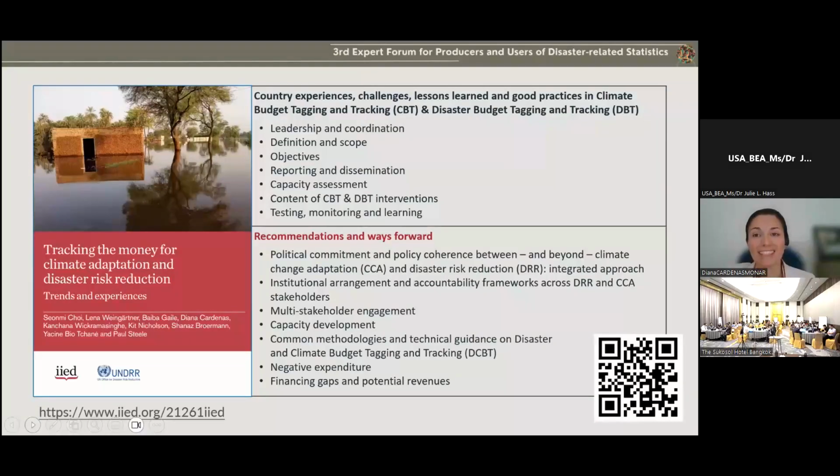We understand negative expenditure as expenditure in activities that are not helping fulfill the objectives, either on climate change adaptation or disaster risk reduction. And finally, these would be very important steps. This integration will also be crucial for addressing financial gaps and potentially increasing revenues, and also to link to the discussion on loss and damage.